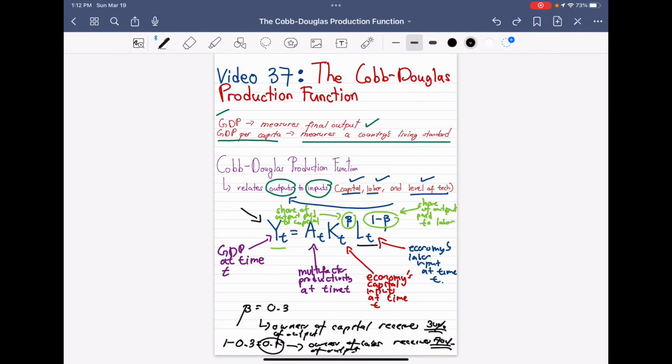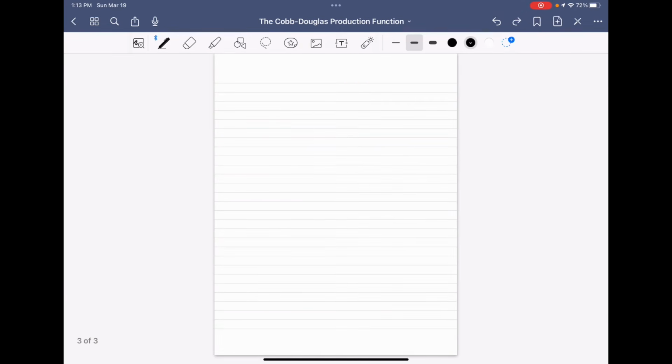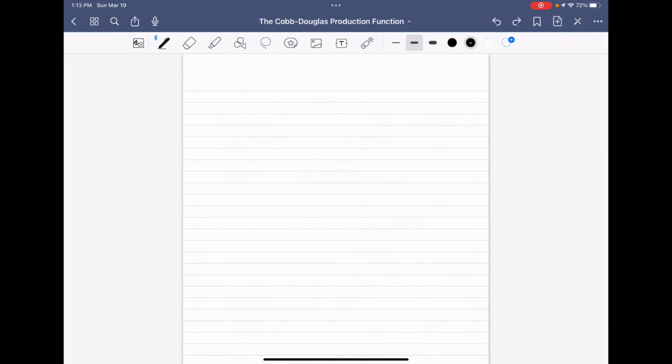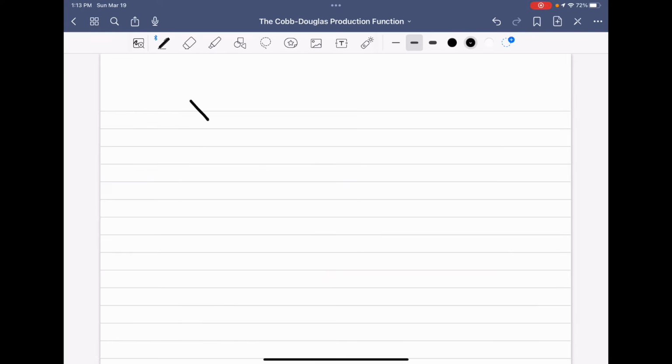So that's that. Now, let's put numbers into our Cobb-Douglas function so we can really grasp it. Again, let's recall our Cobb-Douglas production function, which is Y_t equals A_t multiplied by K_t to the power of beta multiplied by L_t to the power of 1 minus beta.